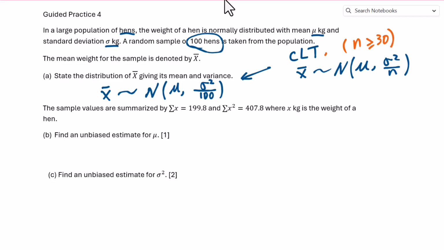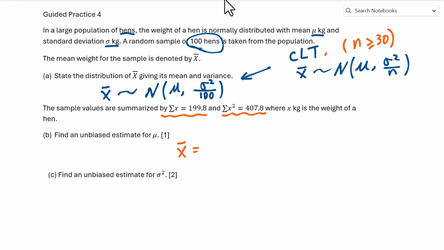The sample values are summarized by this and this, where x kilograms is the weight of a hen. Find an unbiased estimate for mu.